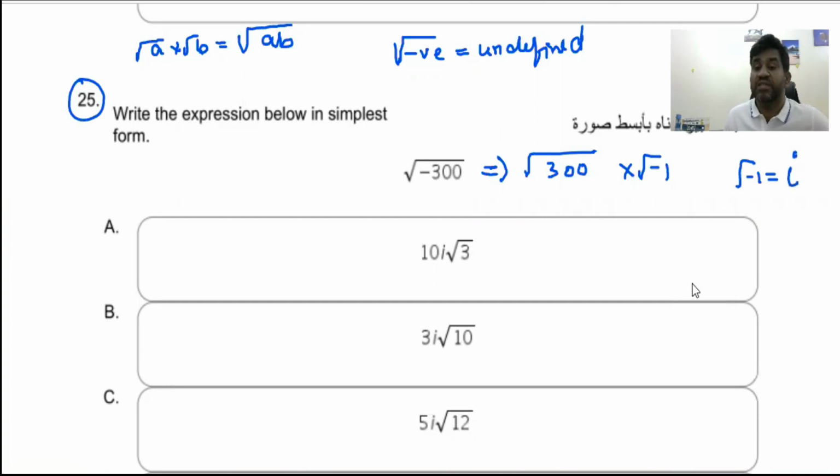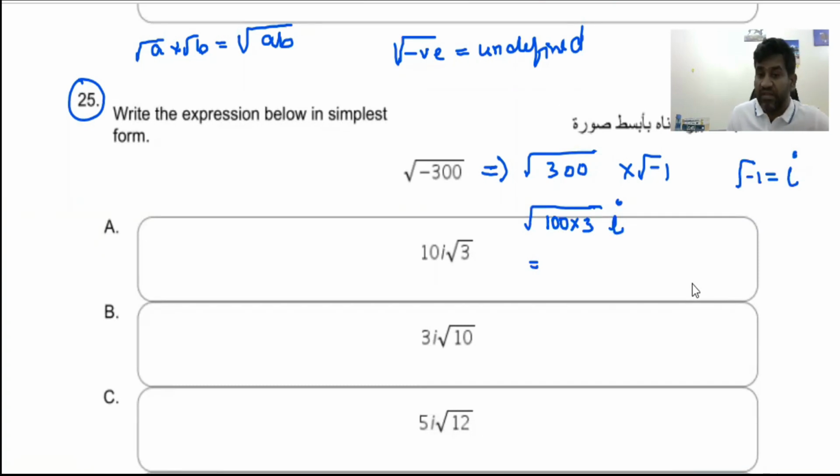So how do you further simplify this 300? 300 can be written as 100 times 3, and the root of negative 1 I can simply represent with i, because it's an imaginary term. Then the square root of 100 is 10, isn't it?